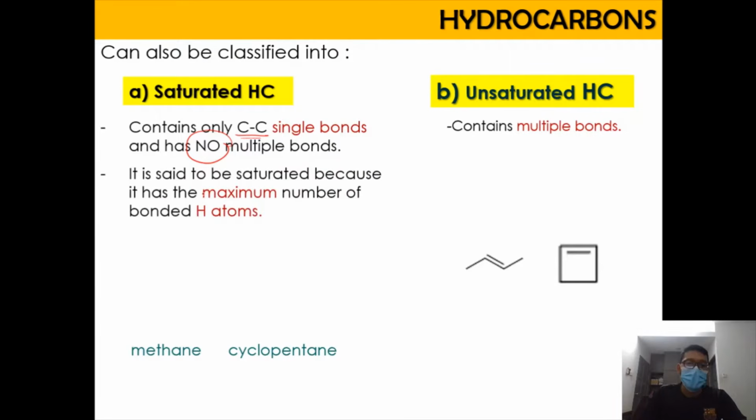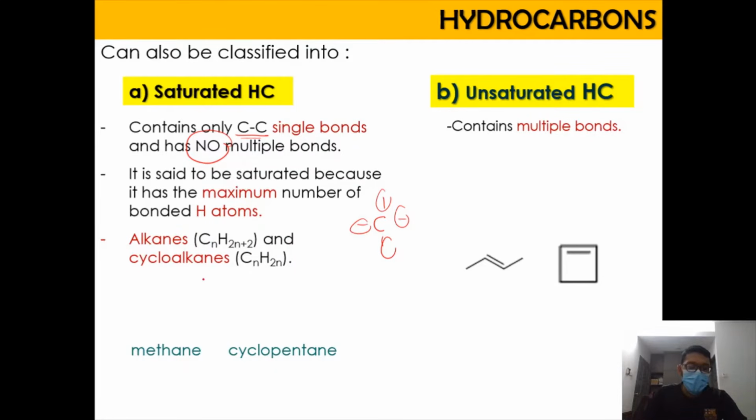So it is said that the saturated hydrocarbon will have the maximum number of bonded hydrogen atoms because all the carbons will be used up for bonding. Examples are alkanes and cycloalkanes, where alkane will have a general formula of CnH2n+2 as mentioned, as well as the cycloalkane, which is CnH2n. So we have methane and cyclopentane here, which are examples of saturated hydrocarbon.